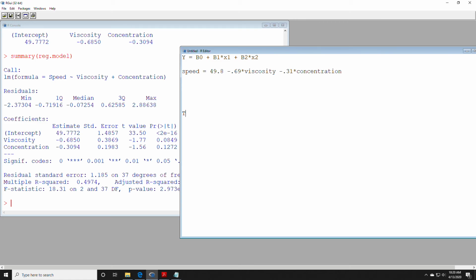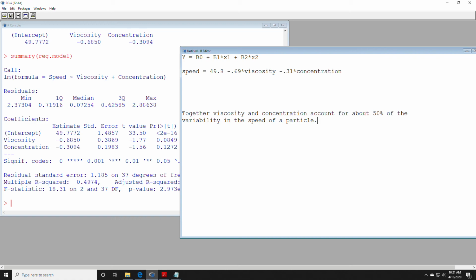So interpreting it, viscosity and concentration account for, it's 0.4974, about 50% of the variability in the speed of a particle. Together these two variables account for about half of the variability in the particle speed.